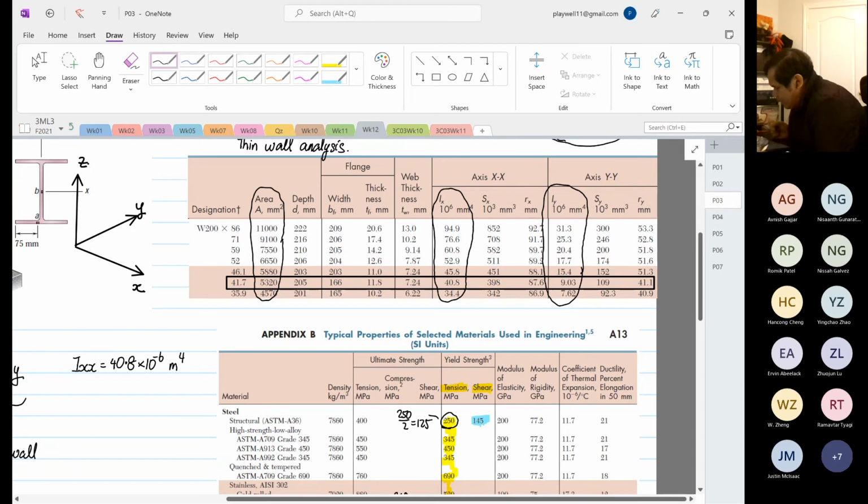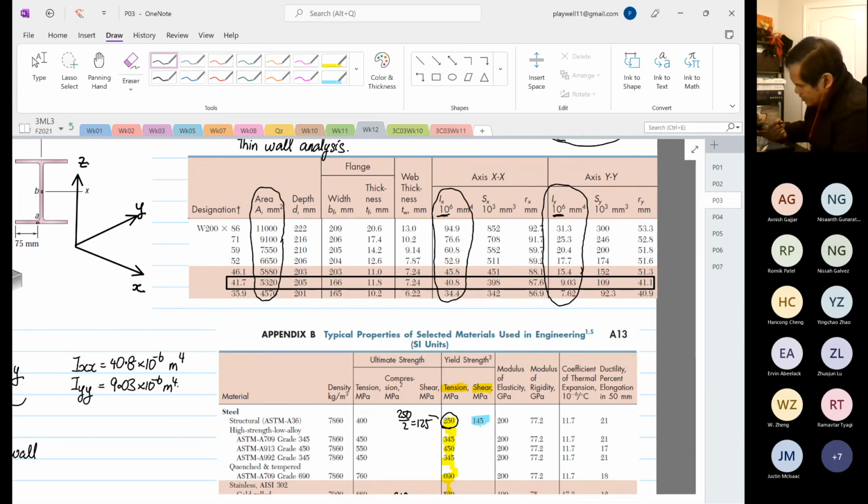And we know our Iyy is equal to 9.03 times 10 to the power minus 6. Why is it 10 to the power of minus 6? Because if you look at the top over here, it's in millimeters to the power 4, so I bring it to meters. That's why, times 10 to the power minus 6.